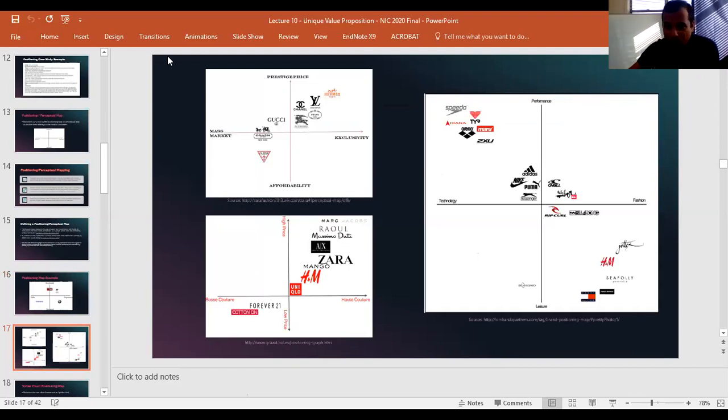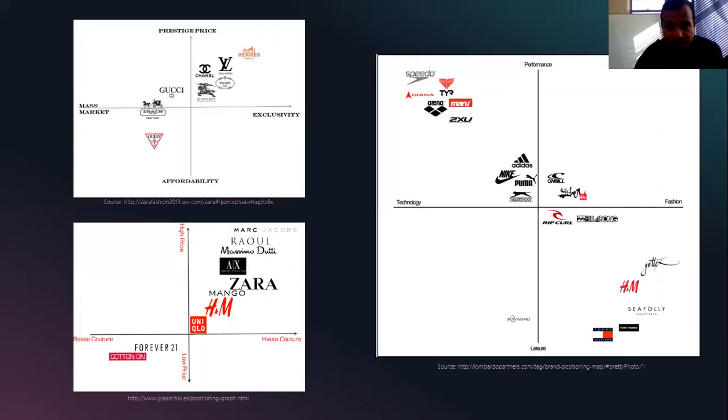We have some more examples from different industries. Take the apparel industry. You see on the right side they found the important attributes: performance, leisure, fashion, and technology. On that basis you can see where Nike, Adidas and Puma are trying to position; all of these have a sporty look.